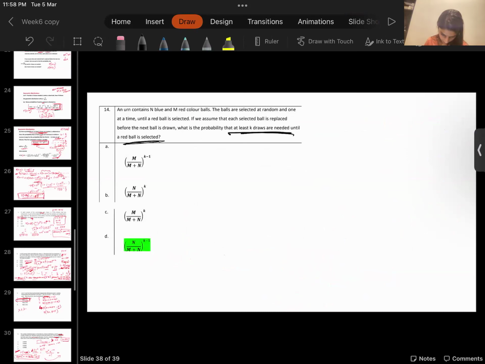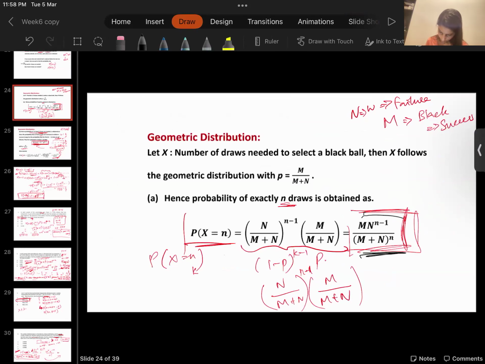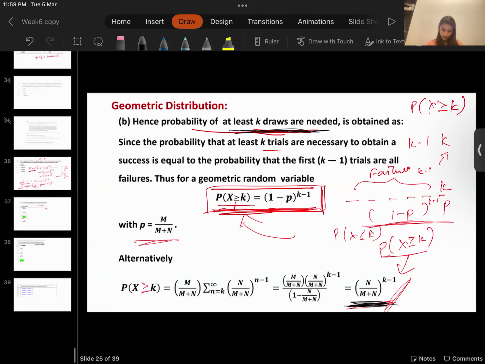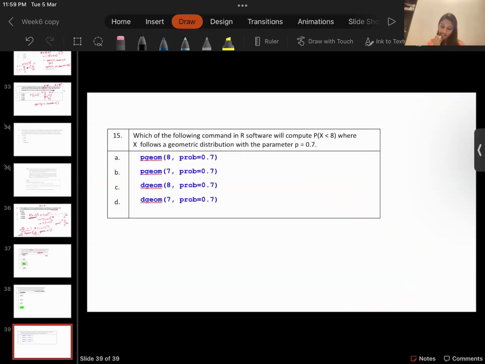For that you have to remember the other formula. So this is one formula and the other formula was this. At least k draws are needed, so this one. So these are just something you remember.